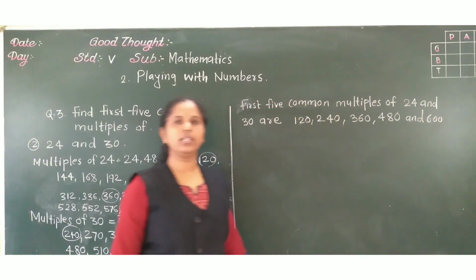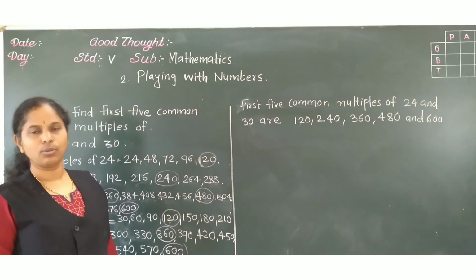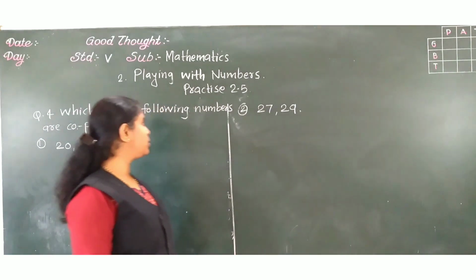In this way, by making the tables, we have to find out the first 5 common multiples. Got it? Now next question, students.